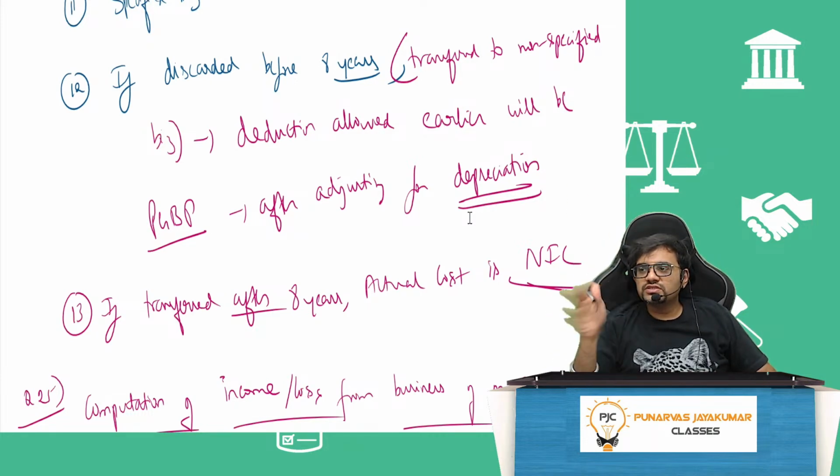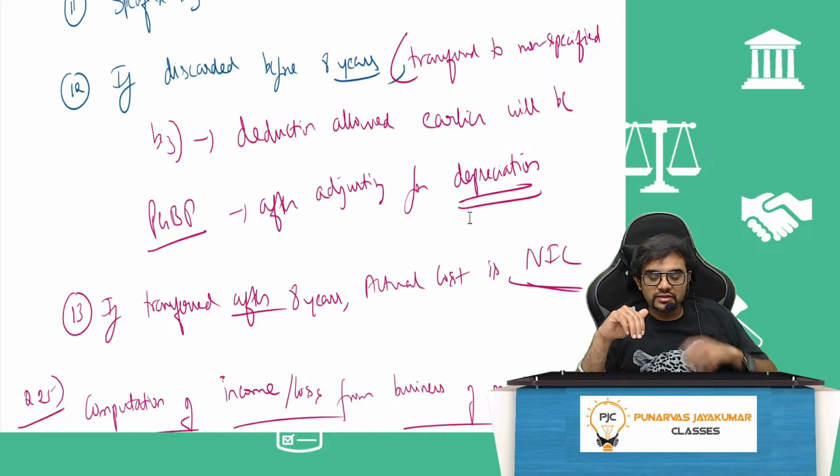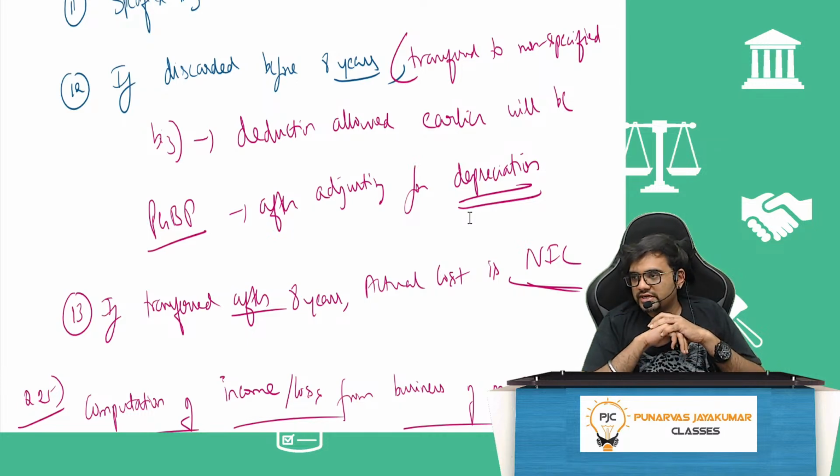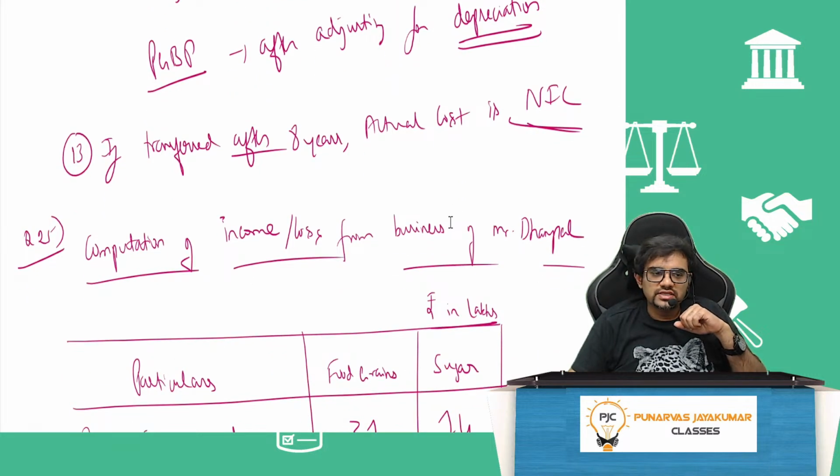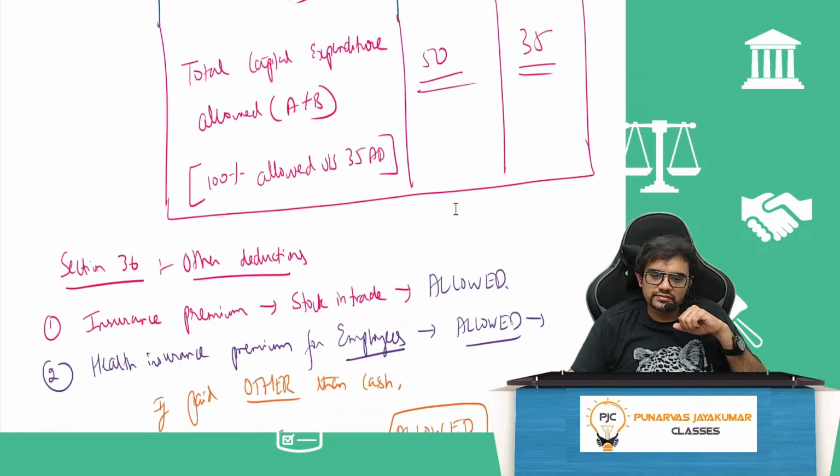In 5 years only you sell it off. You make some money. Full amount is taxable. But the deduction allowed earlier, full 10 crore minus depreciation. So till today, whatever depreciation you have claimed, full amount will be taxed. If transferred after 8 years, then the actual cost will be nil.